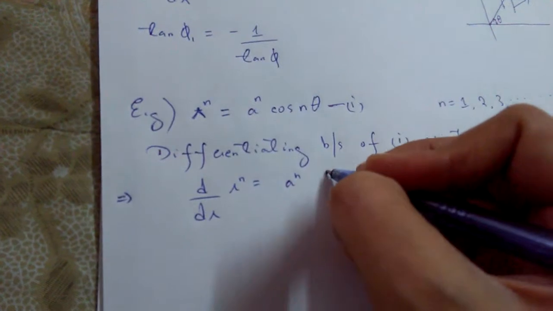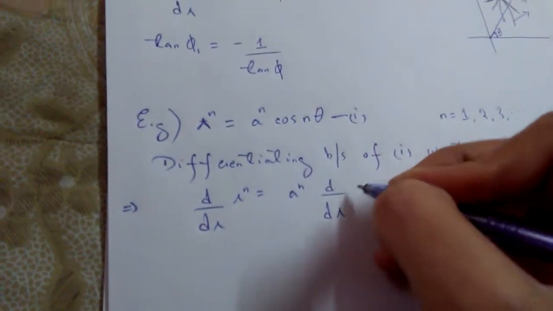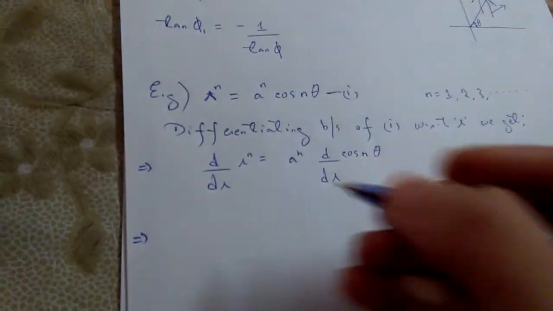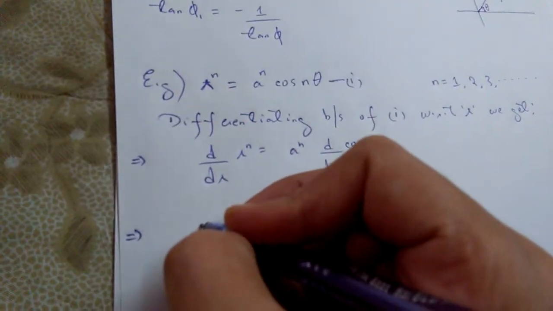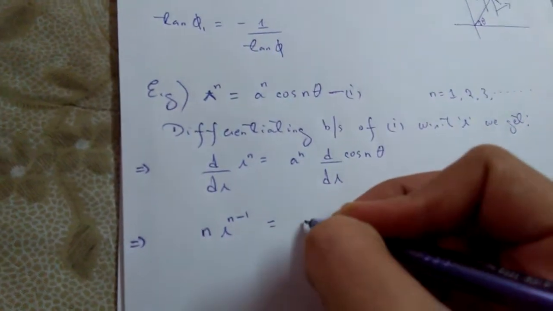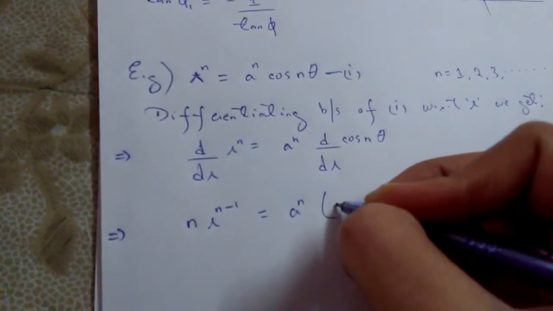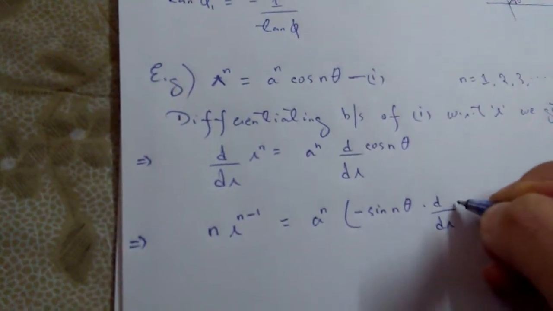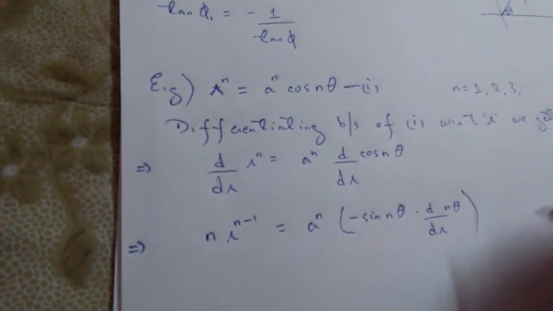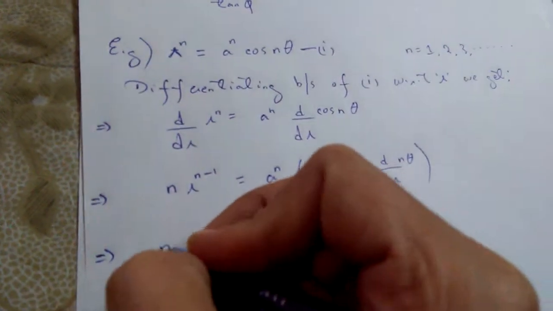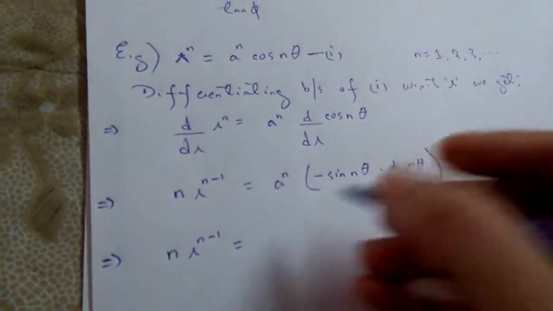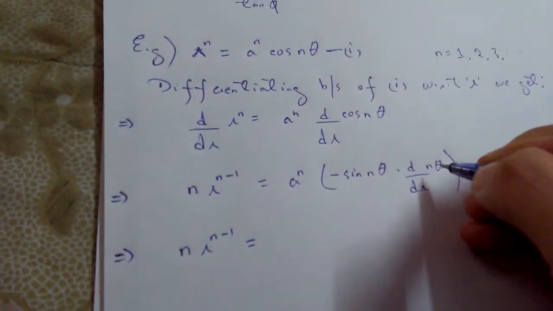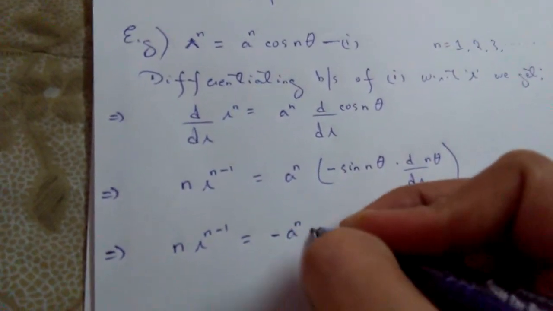Since a is a constant, we write it before the operator. Just apply the basic derivative formulas, and over here we are going to apply the chain rule. n is written outside because it is a constant value.